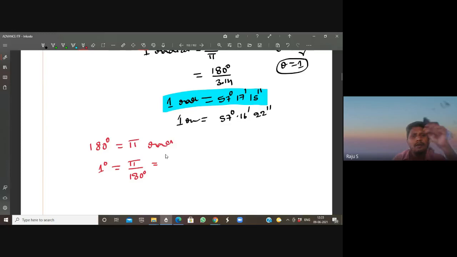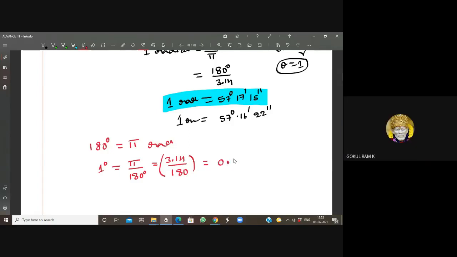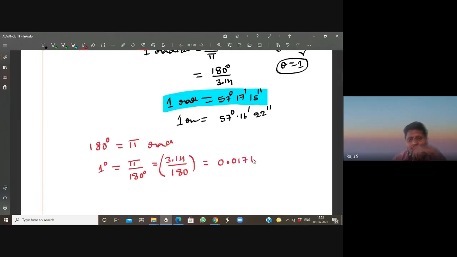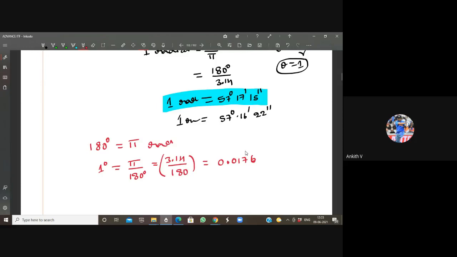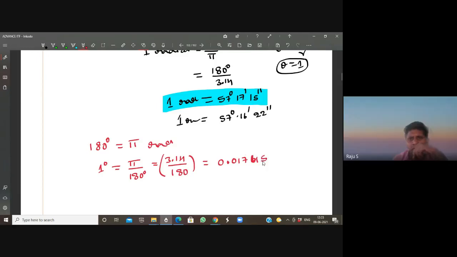What is the pi value? 3.14 by 180. This is equal to, divide 3.14 by 180. 0.0174, 0.0176, I think. Am I right? 1745, sir. Okay, right.